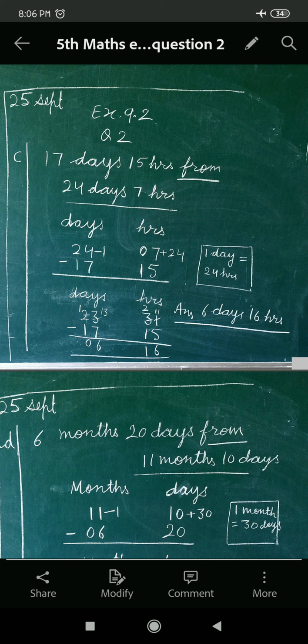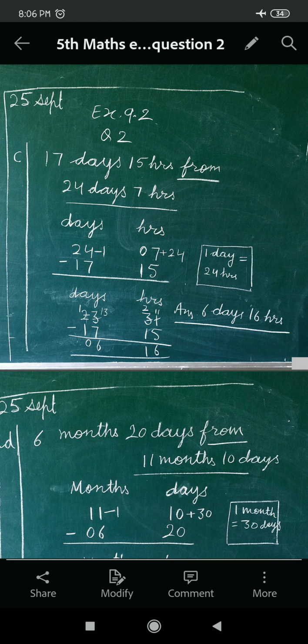Look at the statement carefully: subtract 17 days 15 hours from 24 days 7 hours. We'll have to see the word "from".